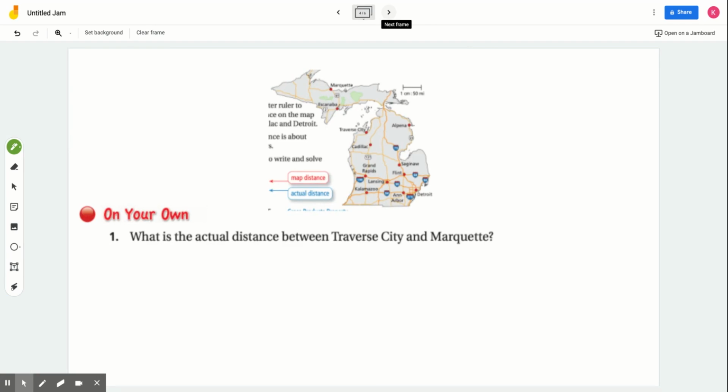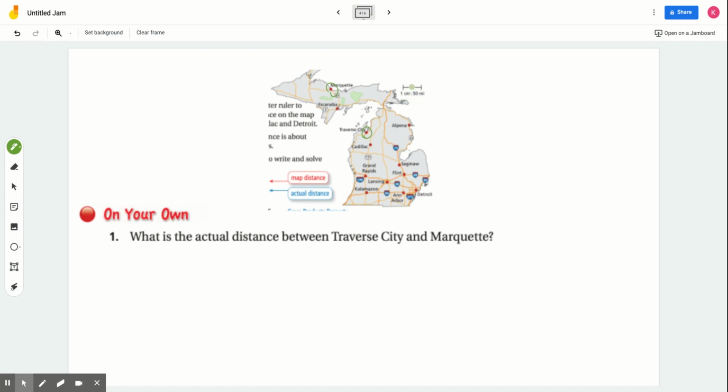So here we see it gives us a map and it says that using the scale, 1 centimeter is 50 miles. What is the actual distance between Traverse City and Marquette? So we see here Traverse City and Marquette. So we would measure these two items with a ruler and we'd set up a proportion.